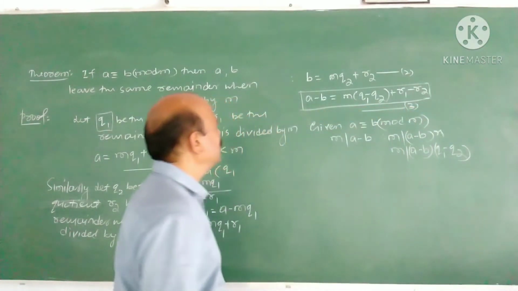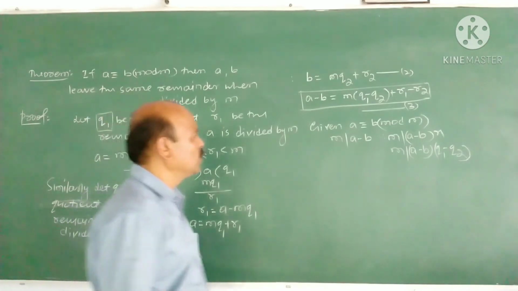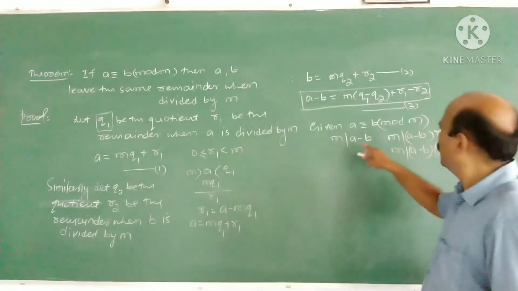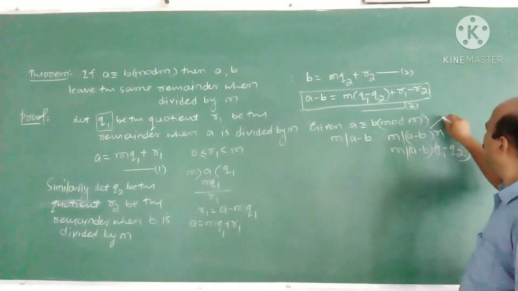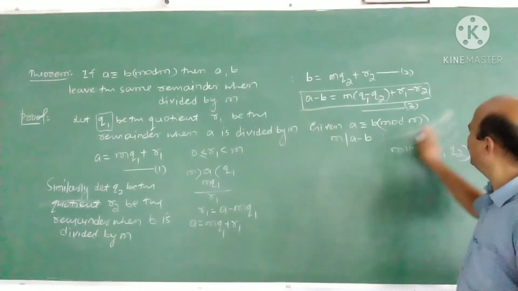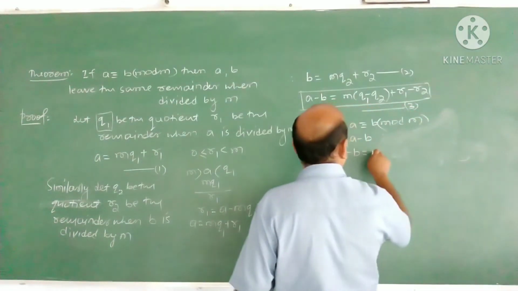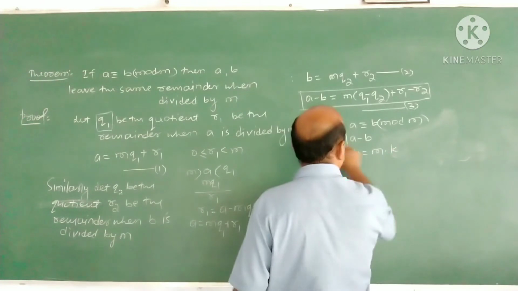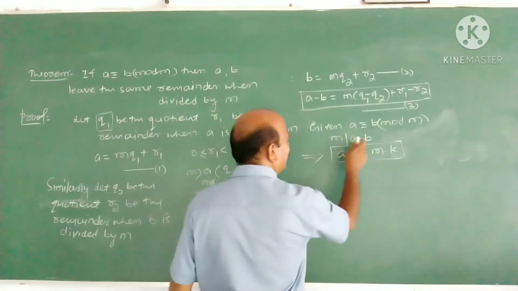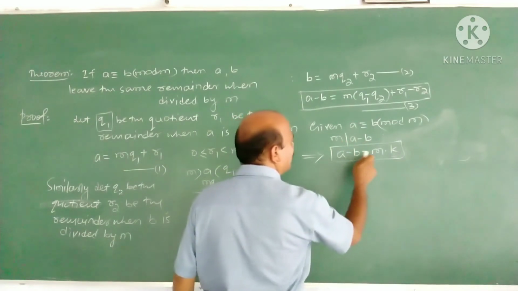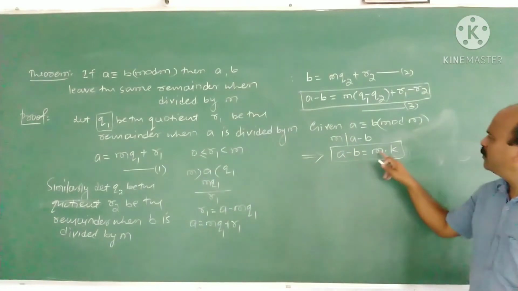A minus B is M into Q1 minus Q2 plus R1 minus R2. Let me explain here. When we say that M divides A minus B, A minus B is M into K. So from 3, A minus B is M into K.